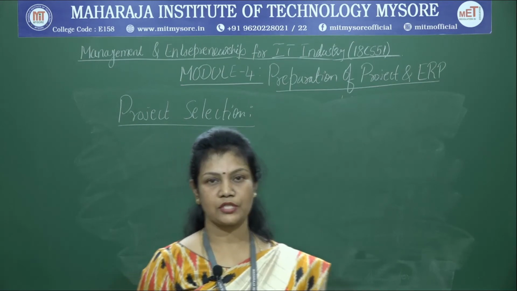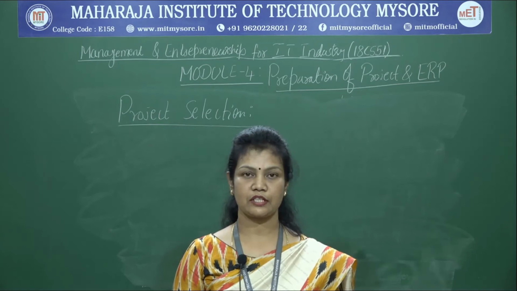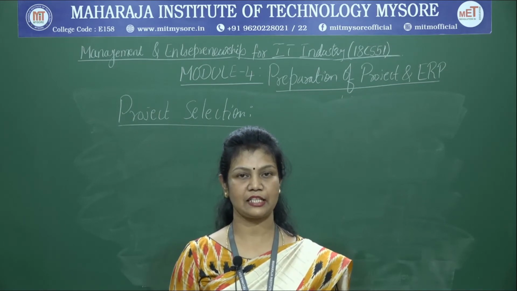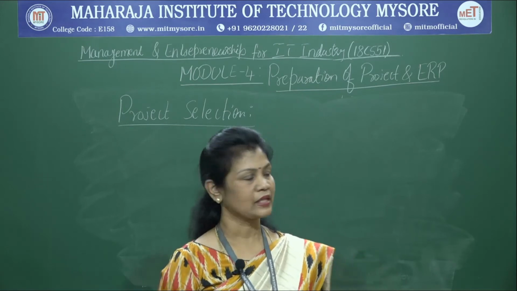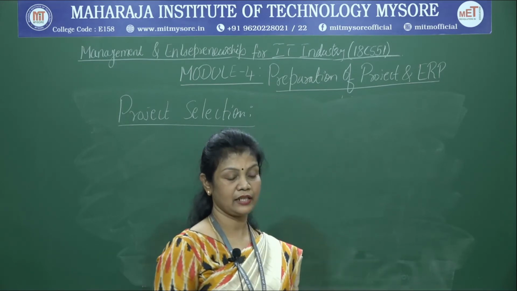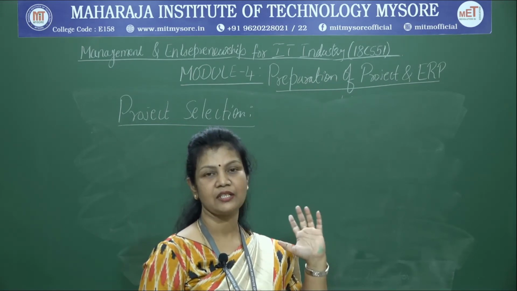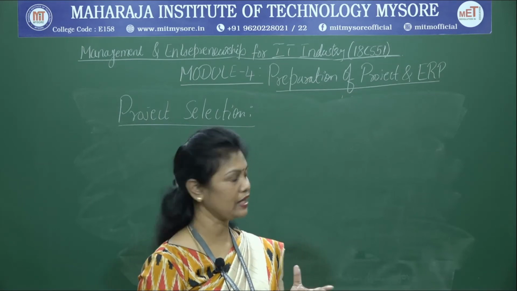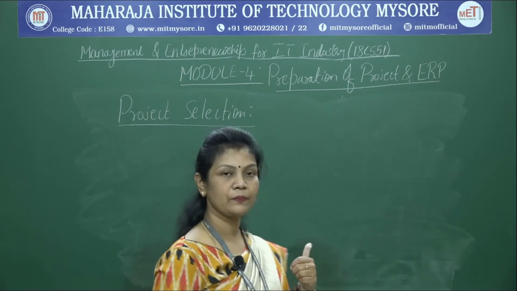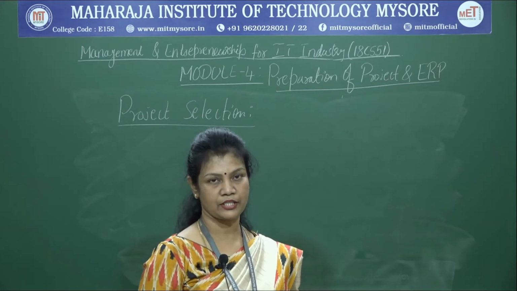Once the project has been identified, that means if the entrepreneur decides that I may select 1 among 5 or 6 or 10 projects, then they are going to check out the pros and cons of each project which they have identified, and then they are going to select the best according to their knowledge, right?